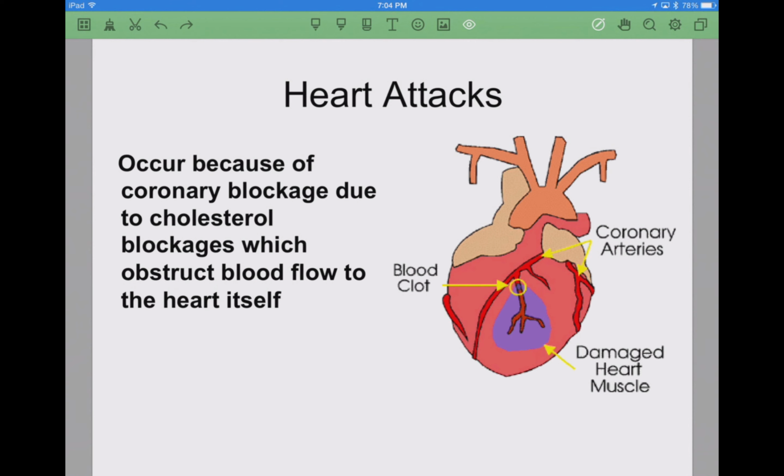We've got coronary arteries, which you can see here. And there are also coronary veins. And of course, there's capillaries. When you hear the term coronary, you want to think about the blood vessels that supply blood to the heart itself. It is the most important muscle in the body, and it's running on autopilot.